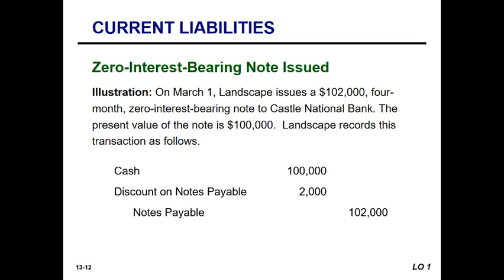Now, the discount on notes payable being a contra account to notes payable, and so it'll be subtracted from notes payable on the balance sheet, is where we hold this representation of the interest expense that's going to be chargeable to the future periods. Because that $2,000 in interest that will be paid in 4 months has yet to be earned or incurred.